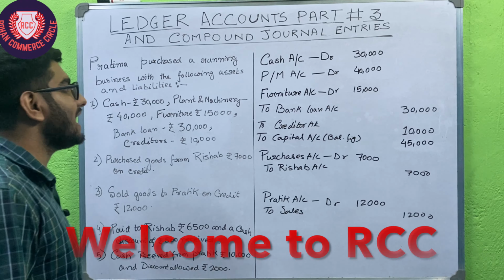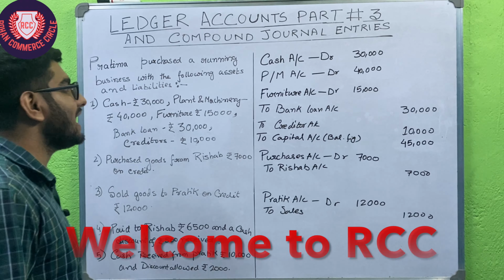Discount allowed, I am writing DA. Don't write it in your exams, otherwise the teacher will cut this. You have to write discount allowed. There is no place, that's why I have written DA, but basically this is discount allowed, 2,000.